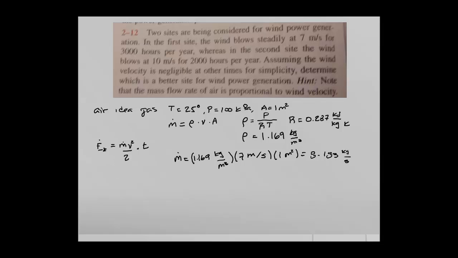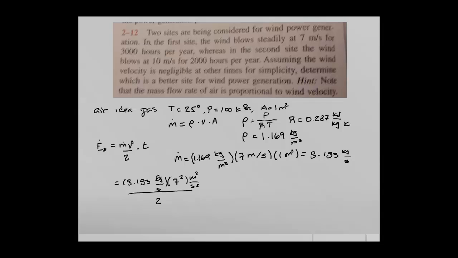So if now we substitute here, this number will be 8.183 kilograms per second times the speed, 7 squared meters squared per second squared, all divided by 2.